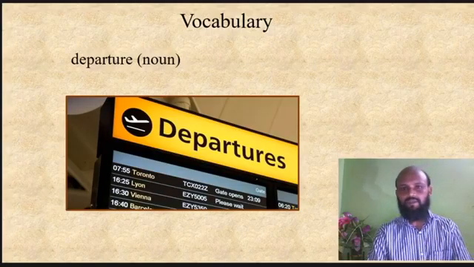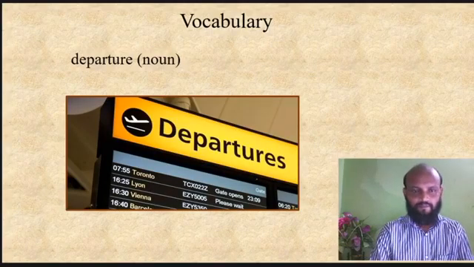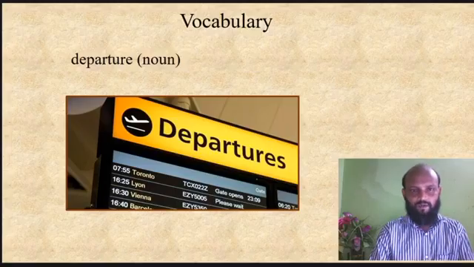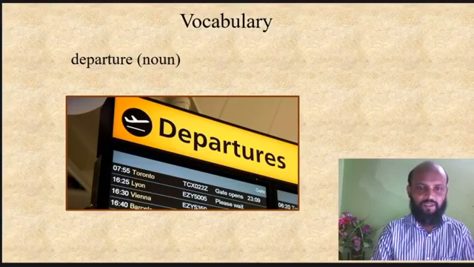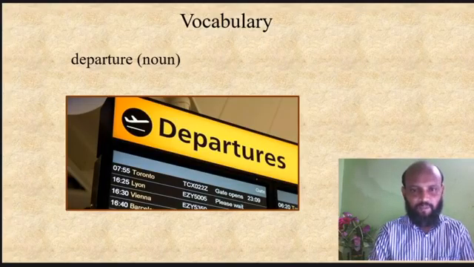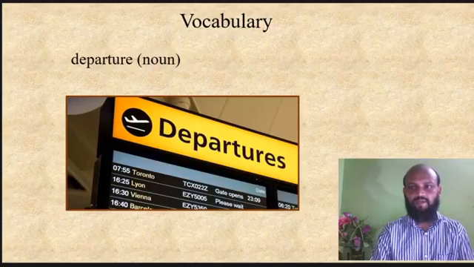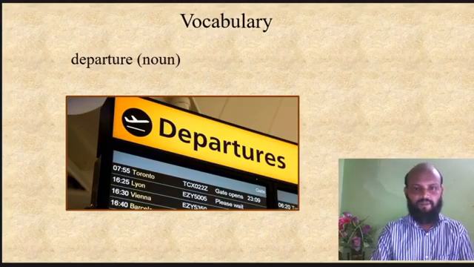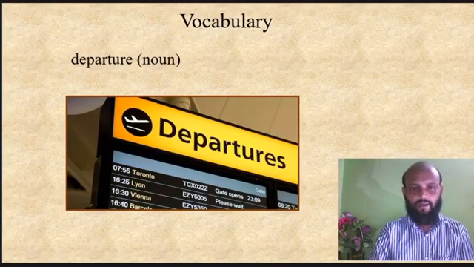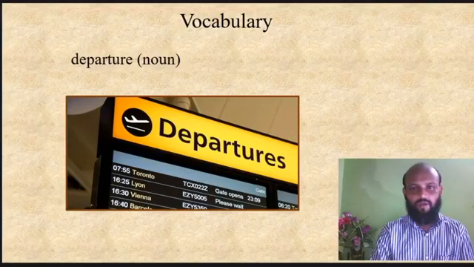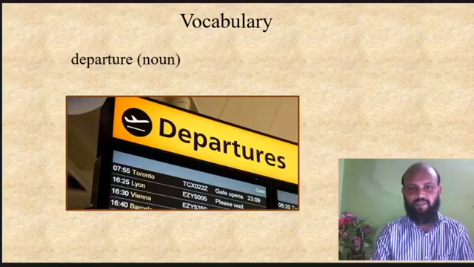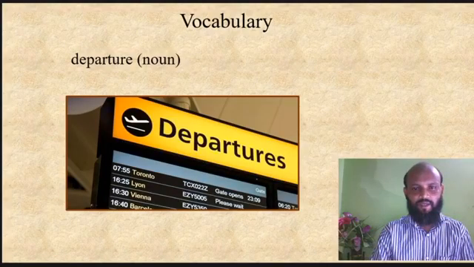The first word is departure. This is a noun. What do you mean by this word? In the picture it is written departures, with a symbol of a plane. This is from an airport, and following this word you see a timetable of leaving and arriving.